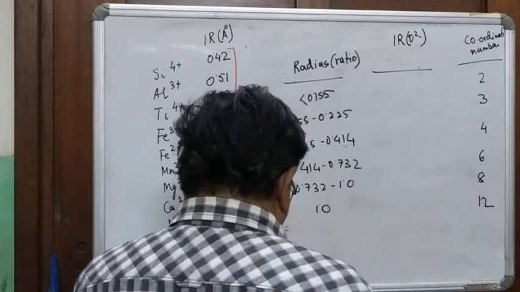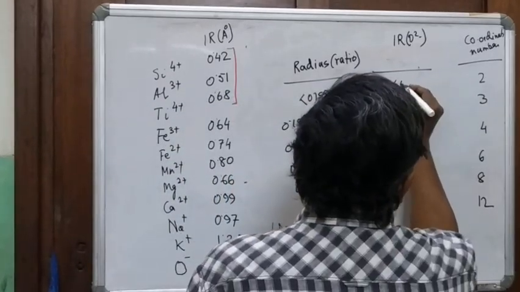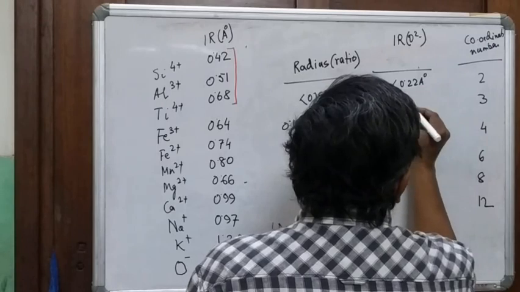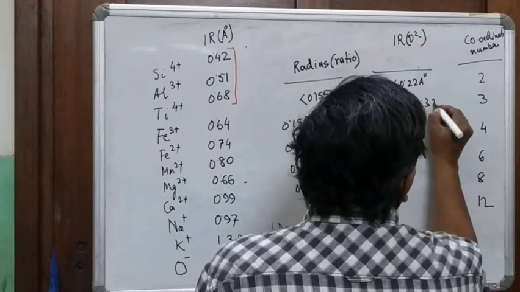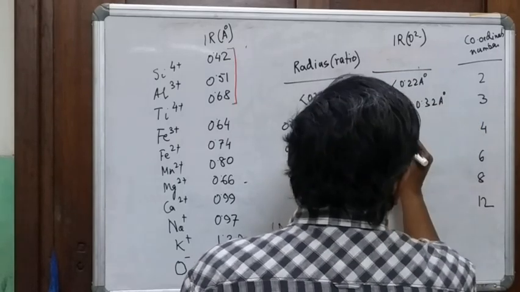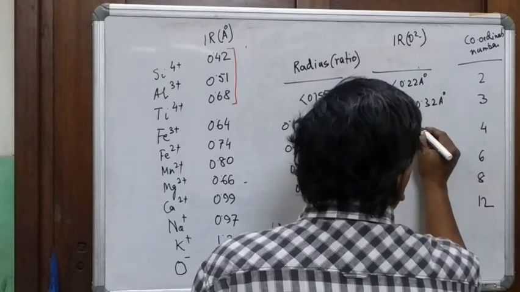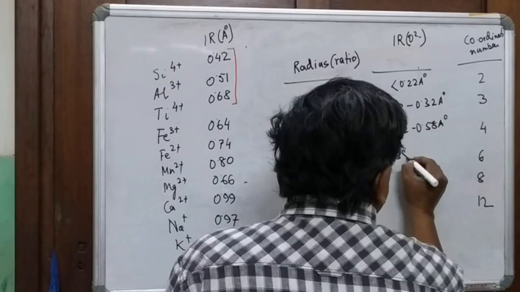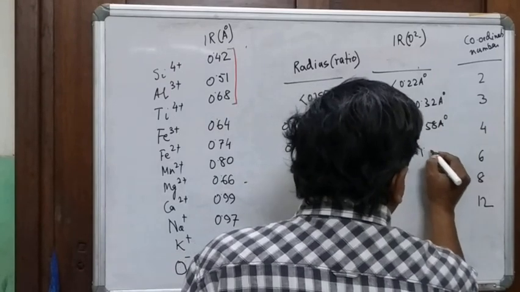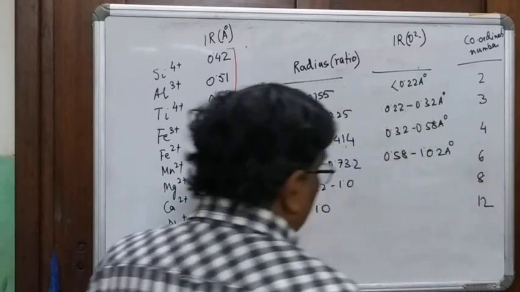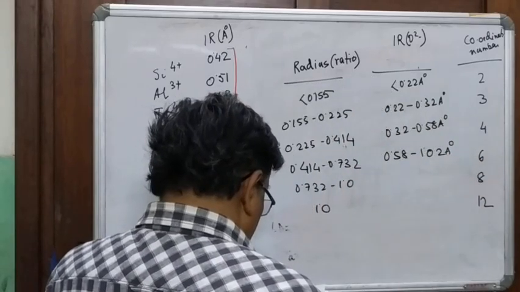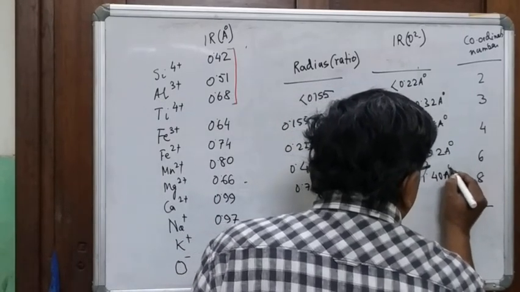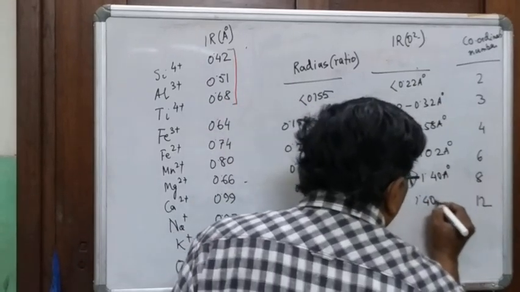And the ionic radius values are less than 0.22 angstroms, 0.22 to 0.32 angstroms, 0.32 to 0.58 angstroms, 0.58 to 1.02 angstroms, 1.02 to 1.40 angstroms, and this is 1.40 angstroms.